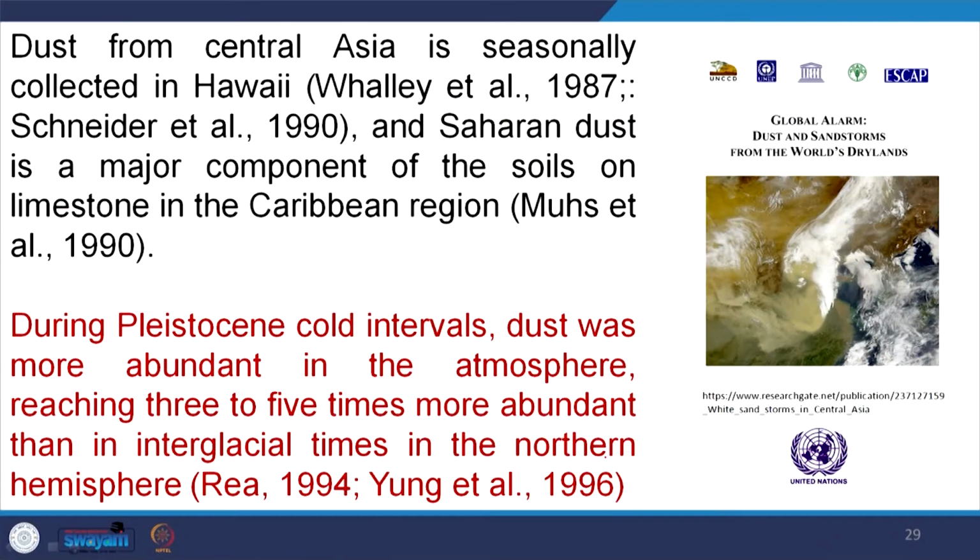During the Pleistocene cold interval, dust was more abundant in the atmosphere, reaching 3 to 5 times more abundant than in interglacial time in the northern hemisphere. During the glacial period, the cold arid period, more dust was produced compared to the interglacial period, because the interglacial period was mostly a moist environment with more fluvial sedimentation, but the glacial period was totally dry.